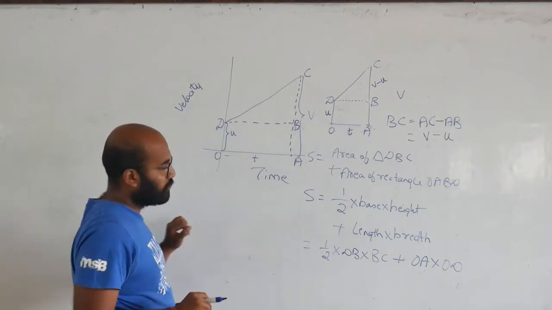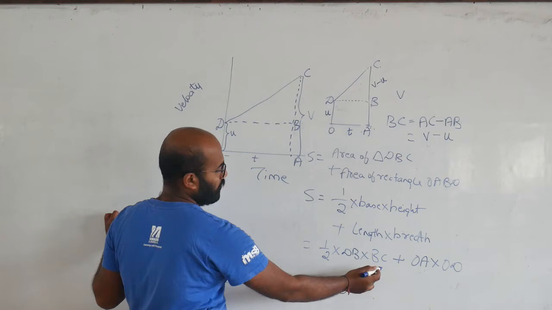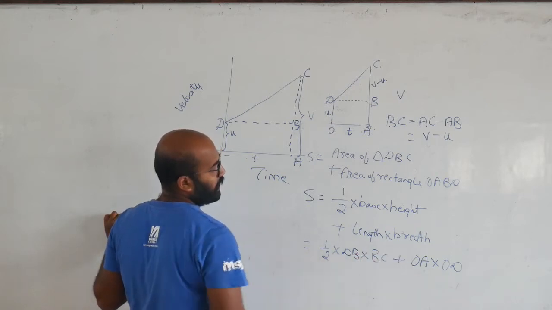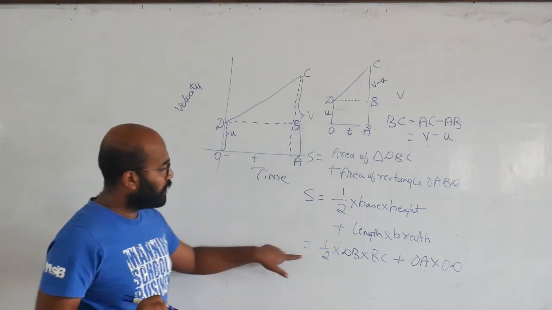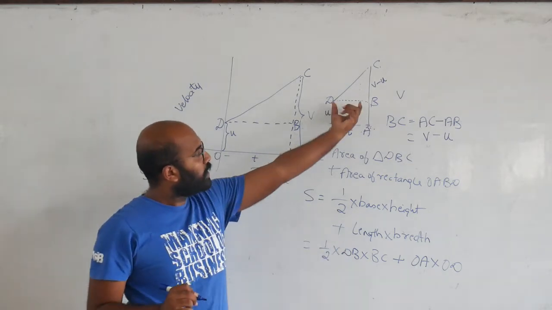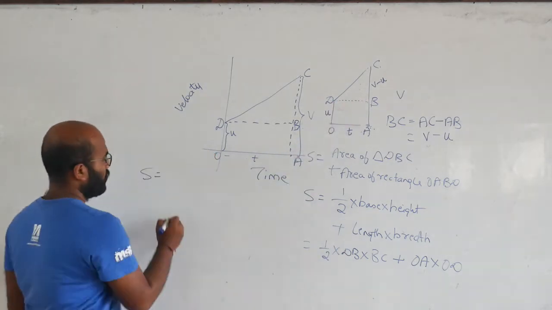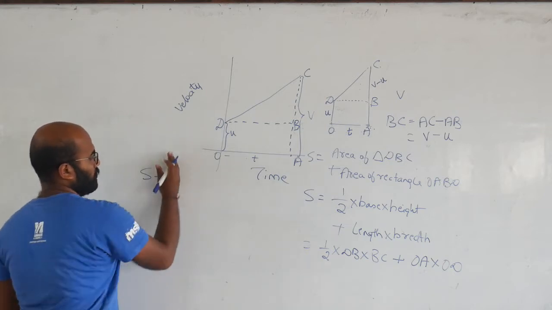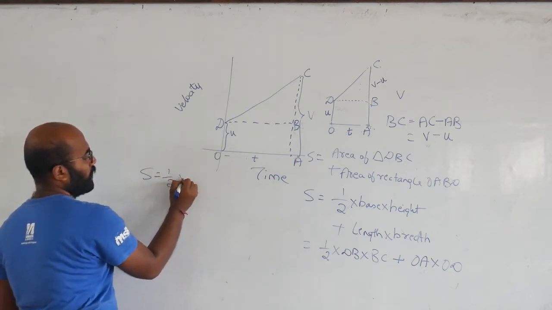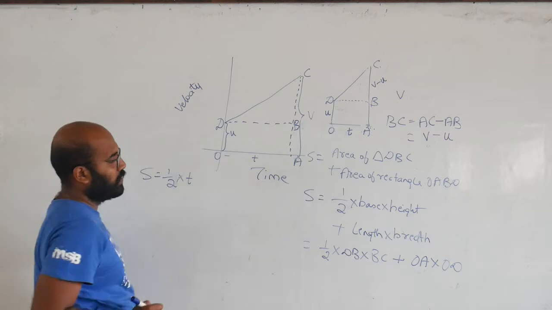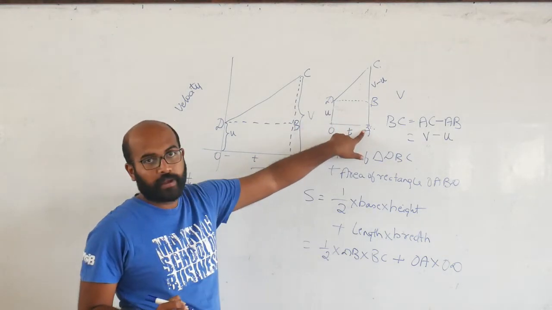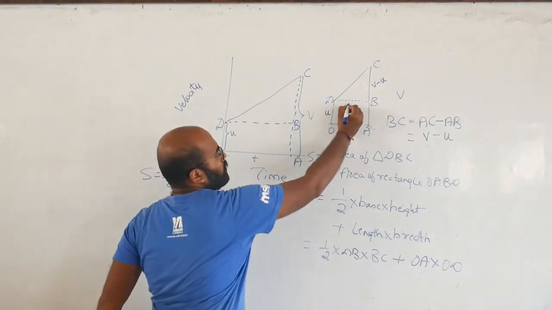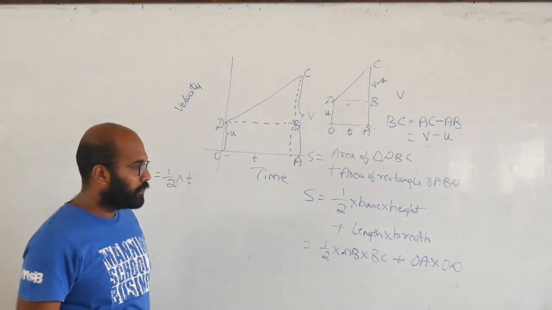Let me solve this here. So half into DB into BC plus OA into OD. DB is nothing but OA, so this will also be time t.